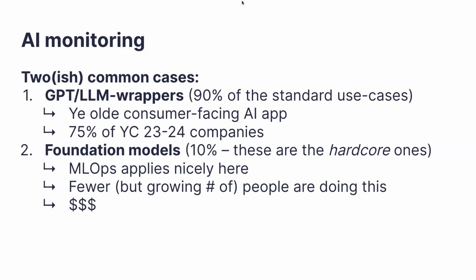Then there's the other case of foundational models. These are the hardcore ones, serving these massive things, what OpenAI is doing. MLOps actually translates very nicely here. A lot of the same problems with some different ones. Fewer people, but a growing number of people are doing this. There are a lot of really cool open source models out there, so people are actually serving their own. And this ends up being really expensive, right?